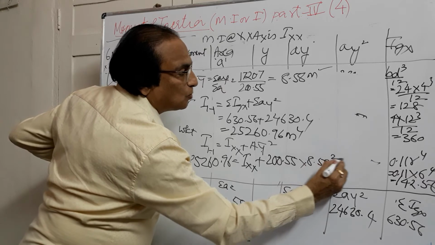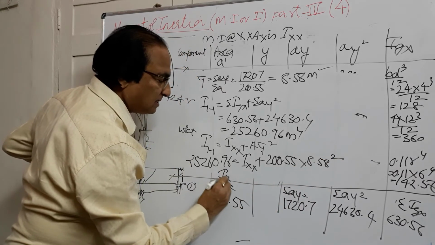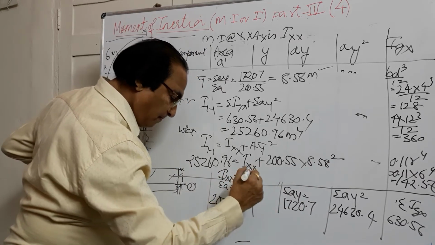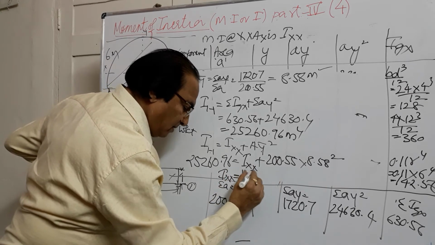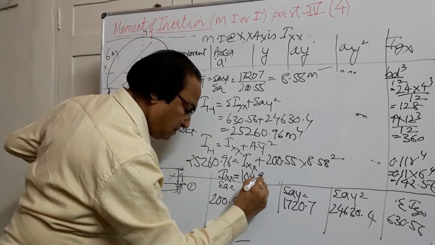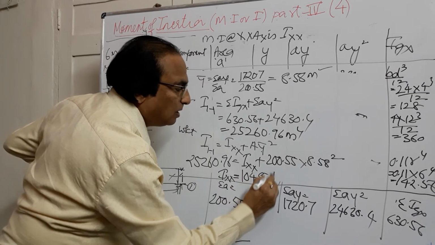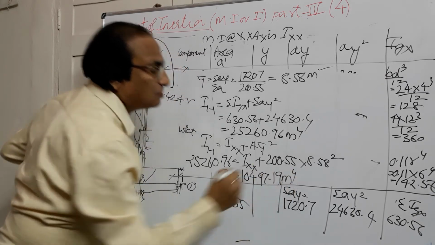Don't forget to square this. So you get from this IXX is equal to 10497.19 meter raised to 4.